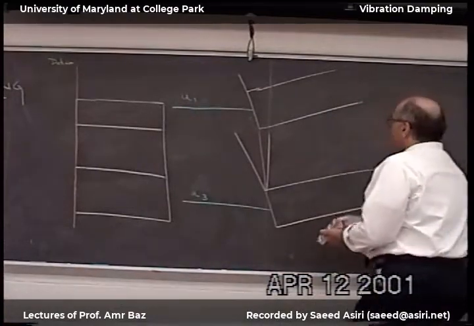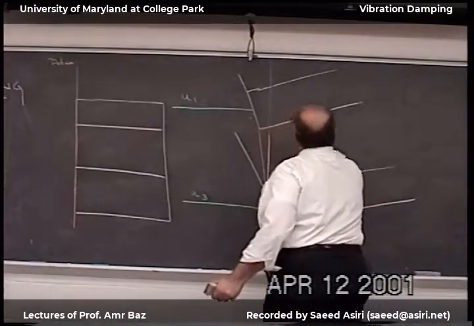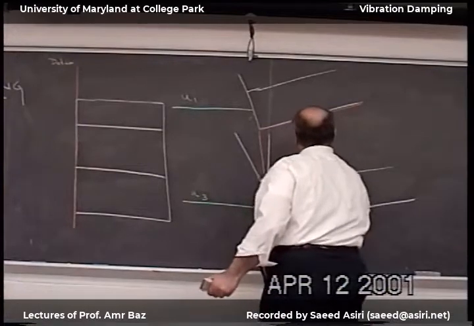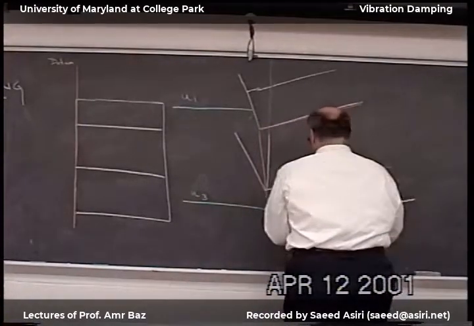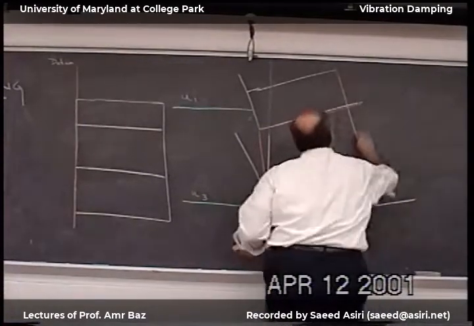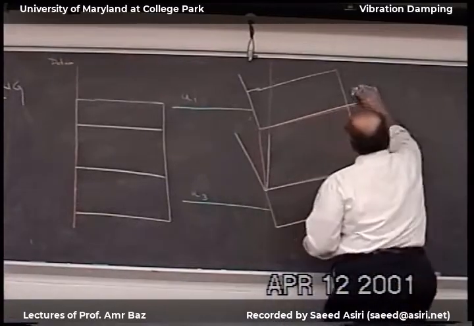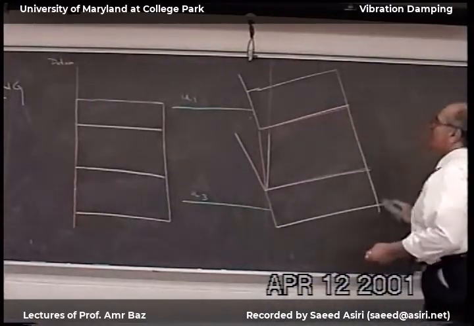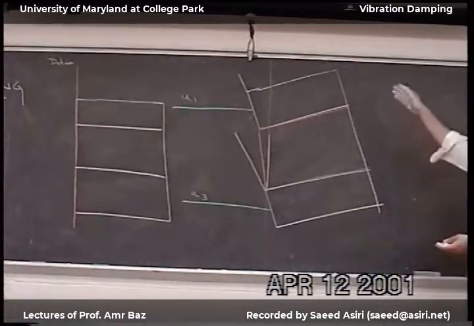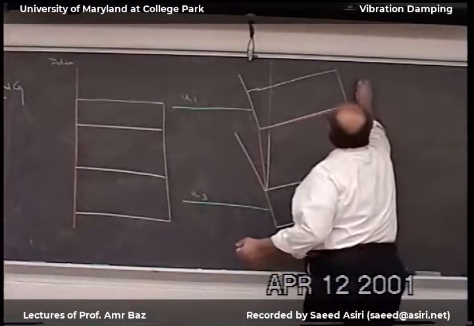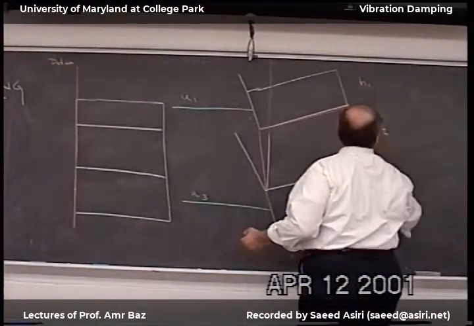The viscoelastic material will look like this. For example, I'm taking some place here. This is H1, H2, and H3.